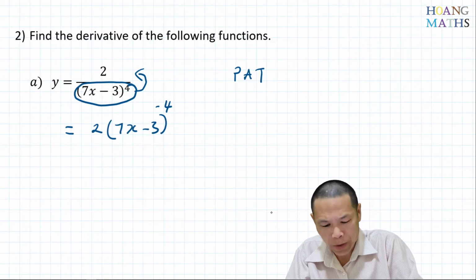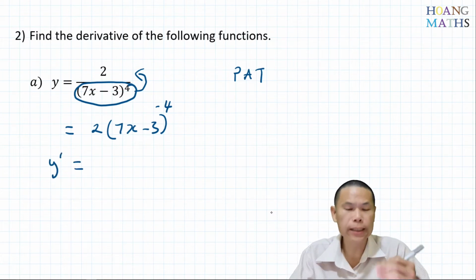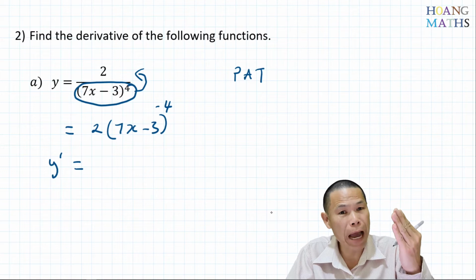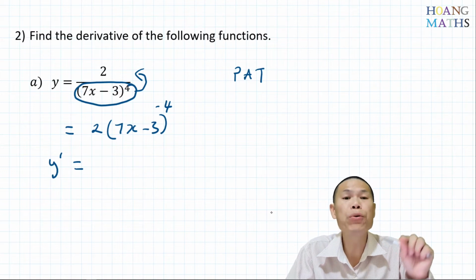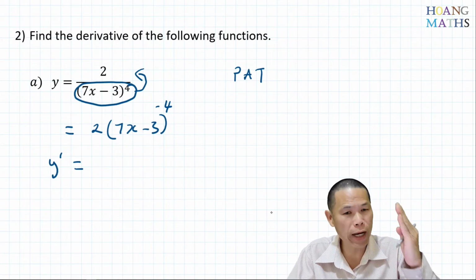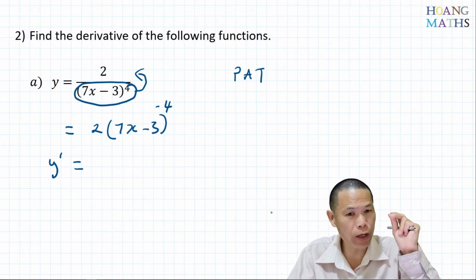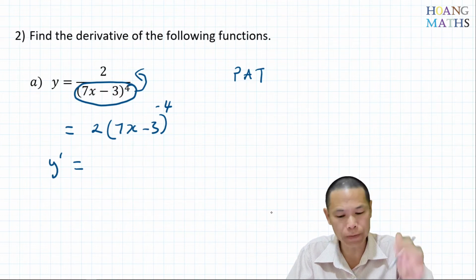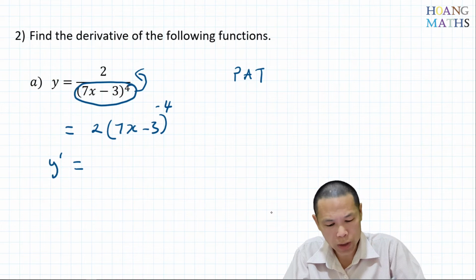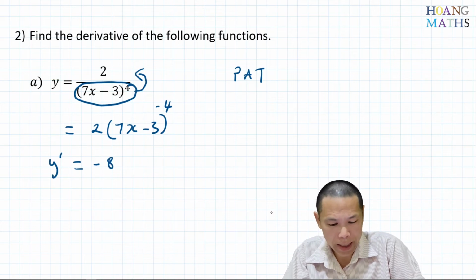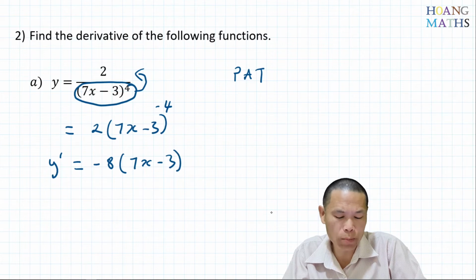So now y dash or dy/dx is equal to differentiate the power. So the power is negative 4. We bring the negative 4 down and then we 1 less. So therefore, the power of negative 4 becomes power of negative 5. So negative 4 times 2 gives me negative 8. And then we 1 less, okay, for the power. So negative 4 minus 1 is negative 5.